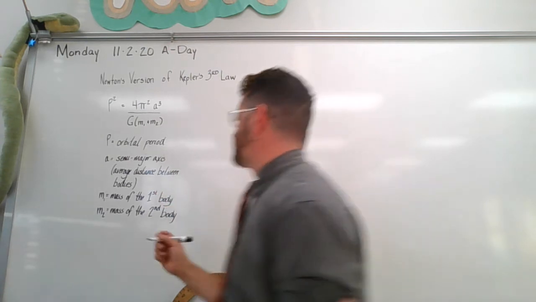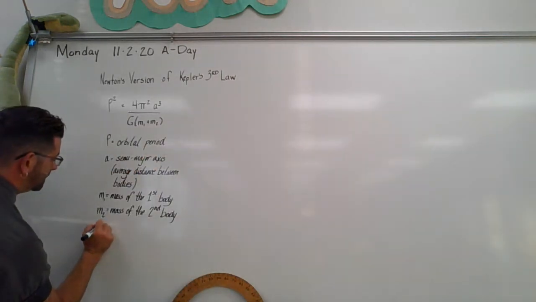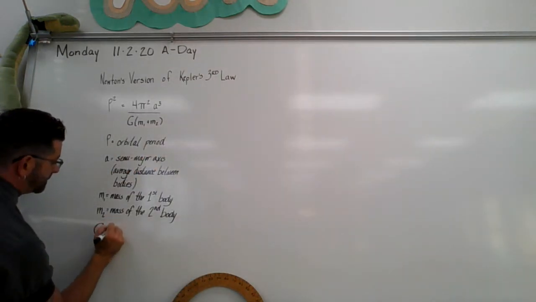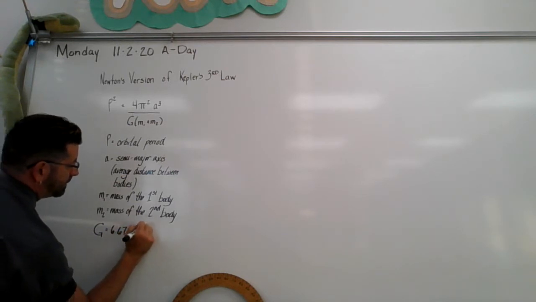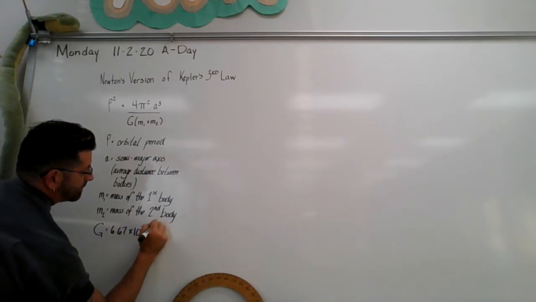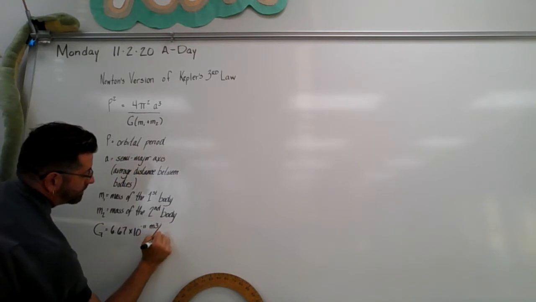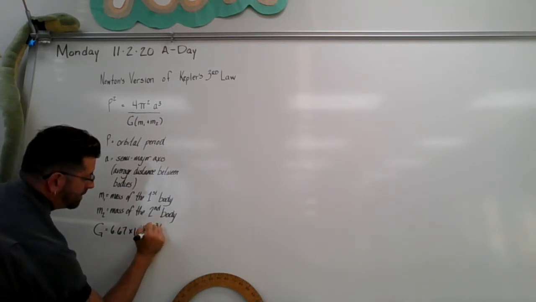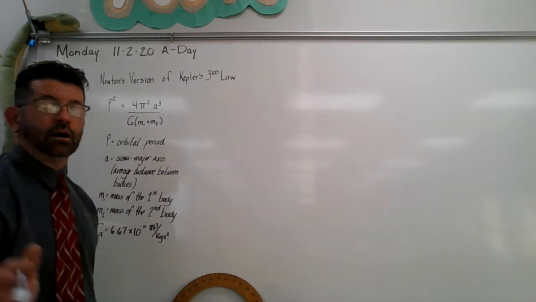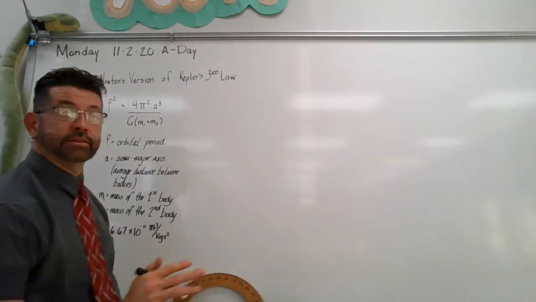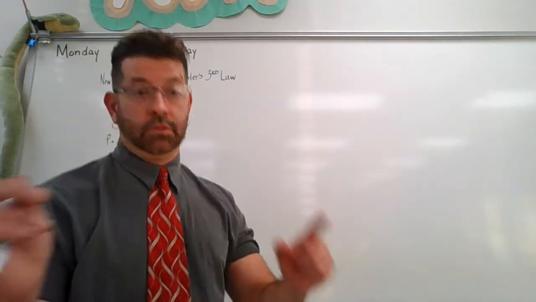And G, of course, big G, is equal to 6.67 times 10 to the negative 11th meters cubed per kilogram second squared. Always. That's why it's a constant.